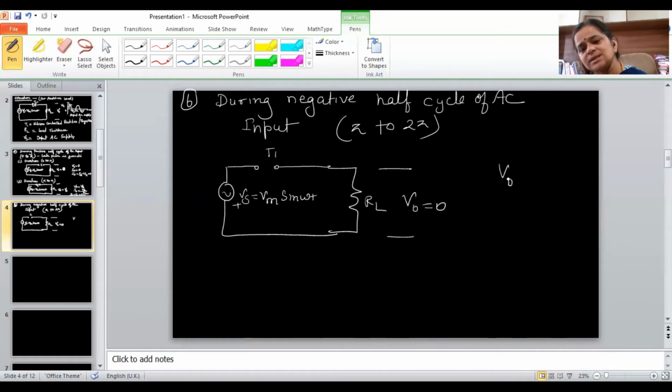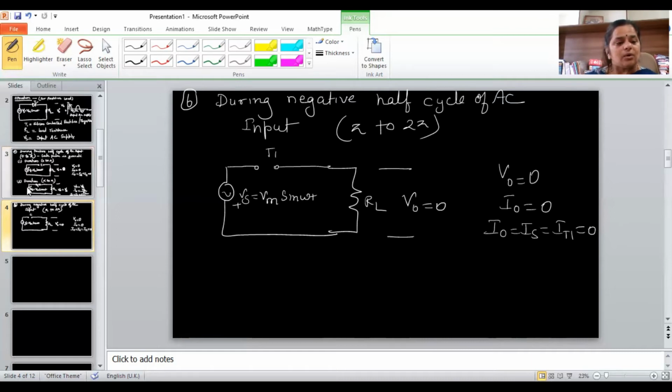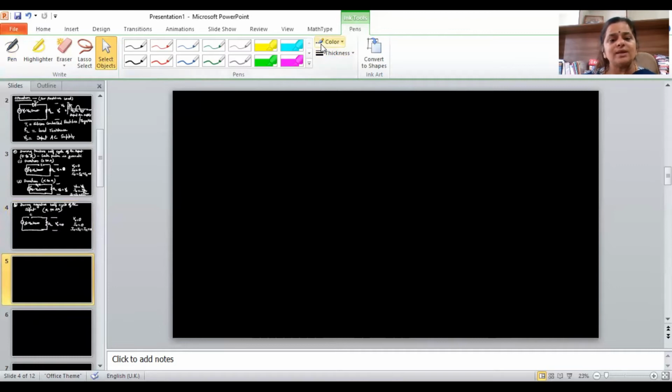So in this case, V0 will be 0, I0 will be 0, and I0 will be equal to Is will be equal to IT1, and that is also equal to 0. So that means only between alpha to pi the SCR is conducting, and 0 to alpha and pi to 2 pi the SCR is not conducting. So that's the complete operation of an SCR in a single phase half wave fully controlled rectifier.